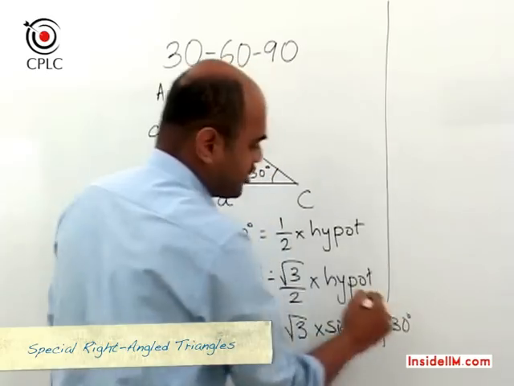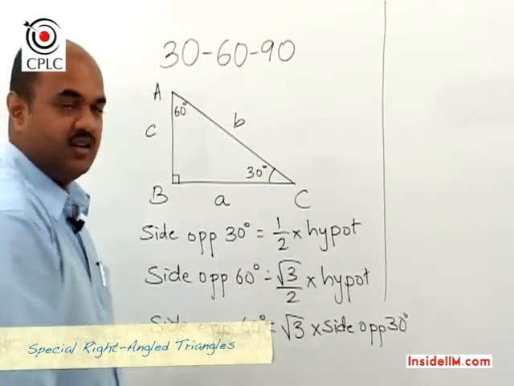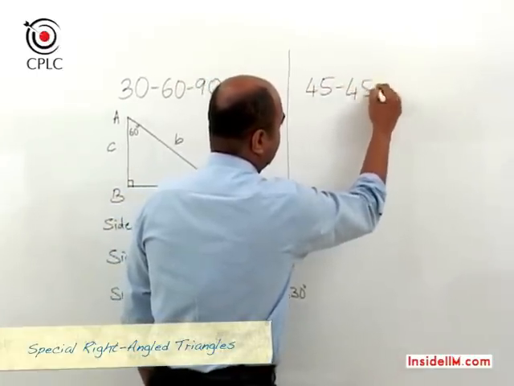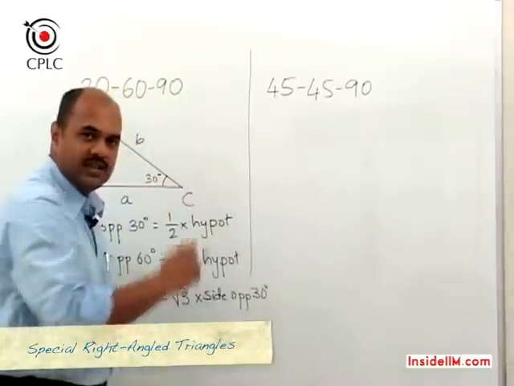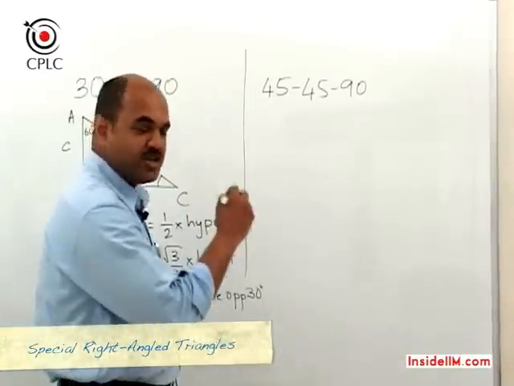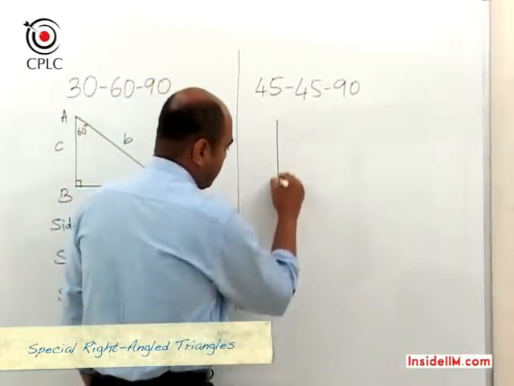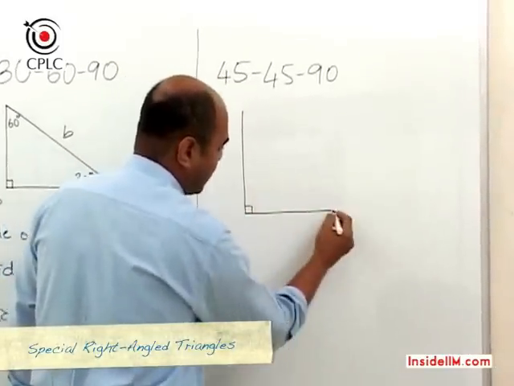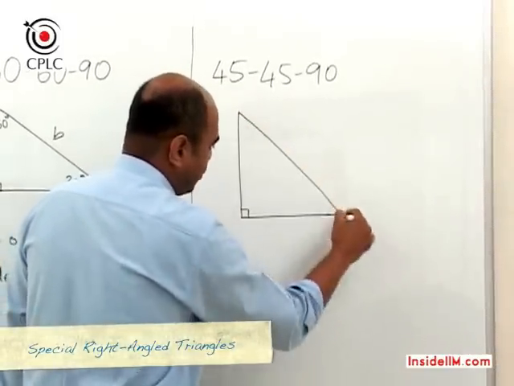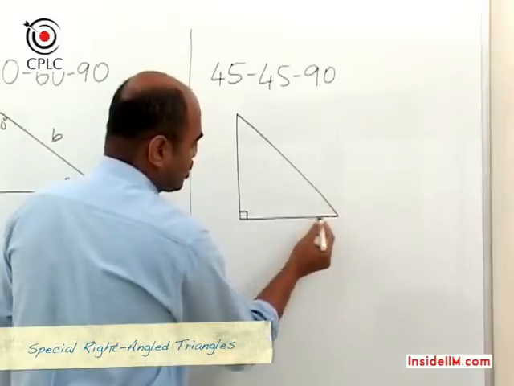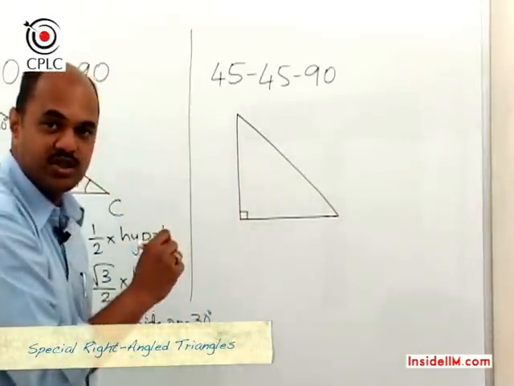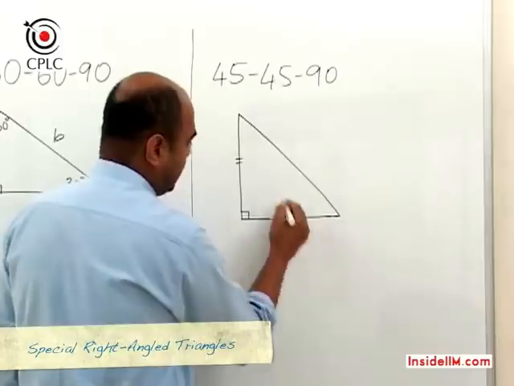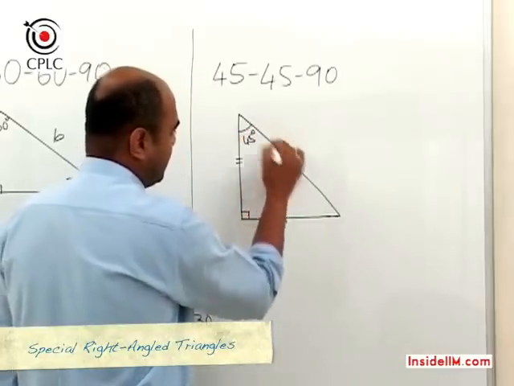Let's look at another special type of right angle triangle, which now is the 45-45-90 triangle, once again referring to the measures of the three angles. But now that these two angles other than the right angle are equal, this is also called an isosceles right angle triangle, because these two perpendicular sides would now be equal.